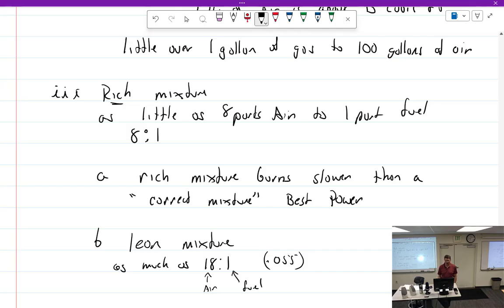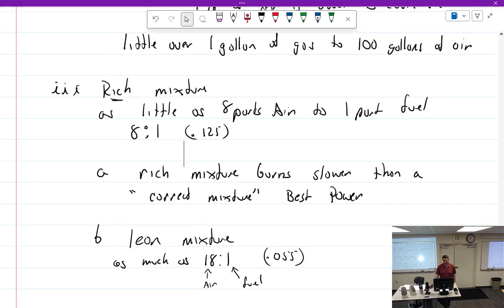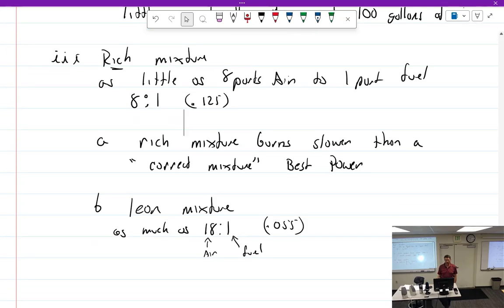That's 0.125, actually. So it's 1 divided by 8, or 1/8. I don't know if that works better for you. 8 to 1 is 0.125. That's a higher number here, so that's rich. The lower it gets, the leaner it's going to get. Maybe. I've never worked it that way.